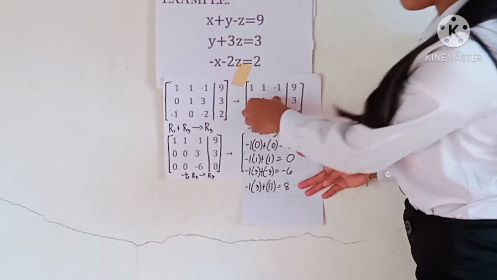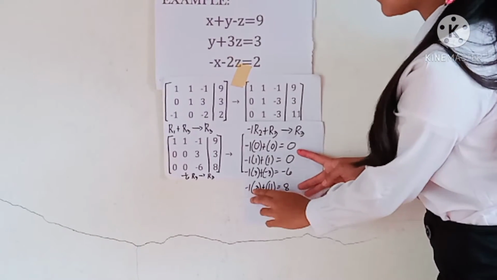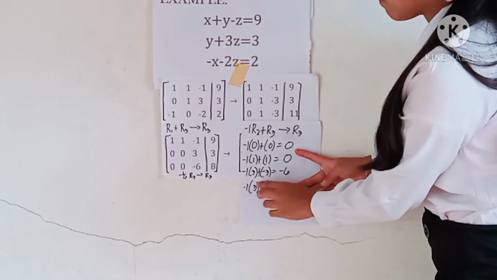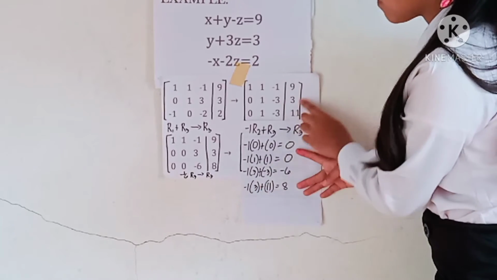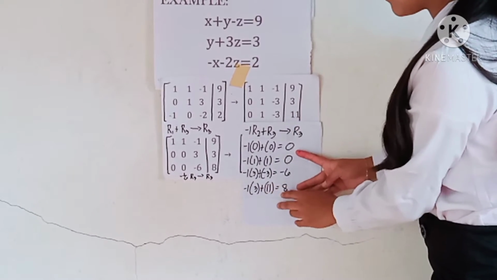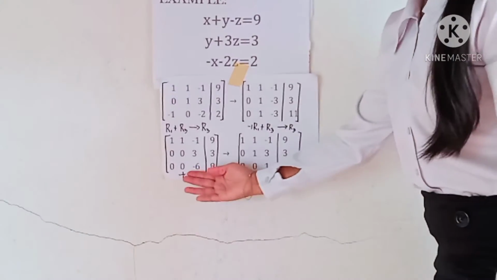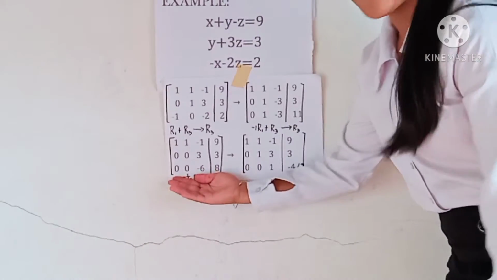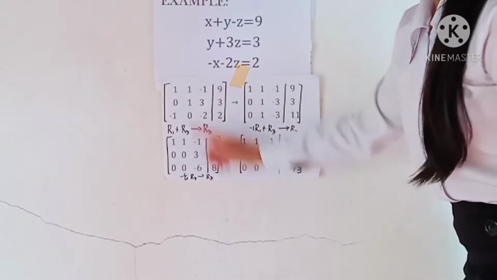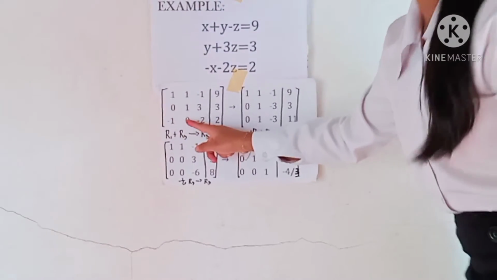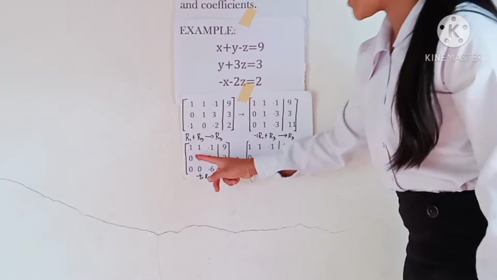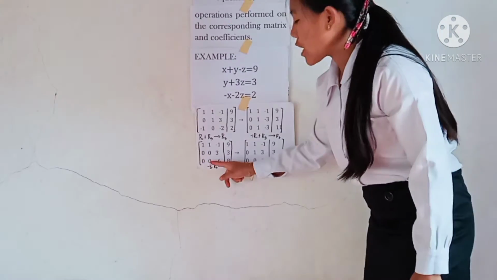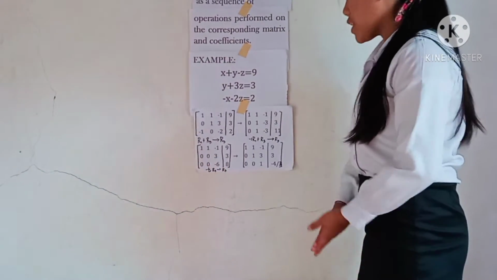Next is negative 1 times 3 plus 11 equals 8. So here is the finished product. Our goal to make these 3 numbers into 0 is already achieved, and here is the result.